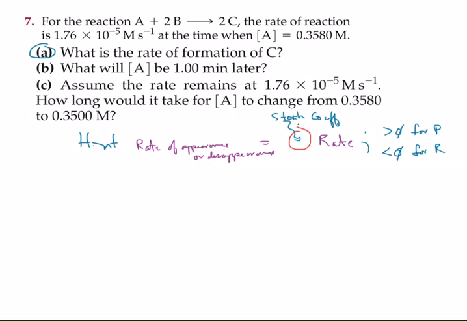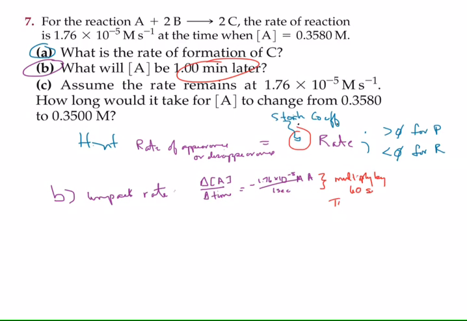So the first one, you just need to see where I have the stoichiometric coefficient. That's kind of like this. That's the ratio to get from the change in molar concentration of A to the change in molar concentration of C. For B, here's where I would use that molar concentration change in A per second as basically a conversion factor.